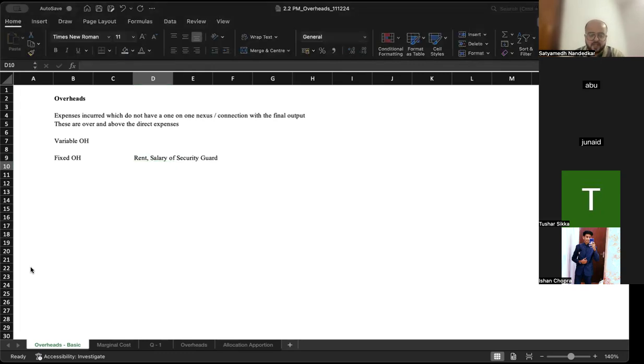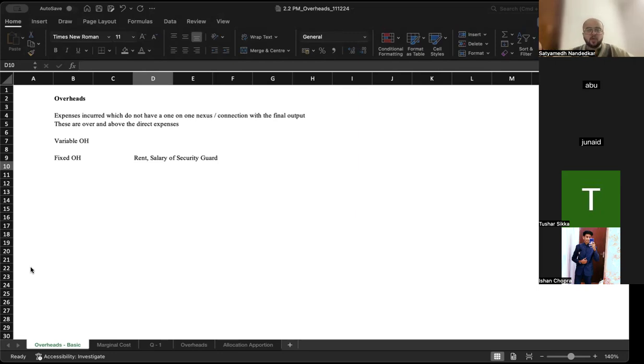Variable overhead is again expenditure incurred over and above the material, labor, and other direct cost. And here the example could be electricity charges, or utilities, for example, I'm in a kitchen and I'm running a restaurant and I'm using LPG gas. So that LPG gas used or the water used is also an expenditure.